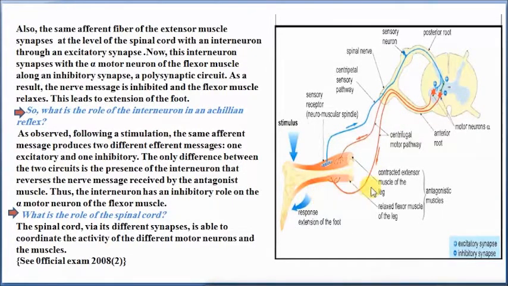Finally, what I would like to call your attention to is the role of the spinal cord. The spinal cord here, as you have observed via its different synapses, is able to coordinate the activity of the different motor neurons and the muscle. This is the role of the spinal cord.